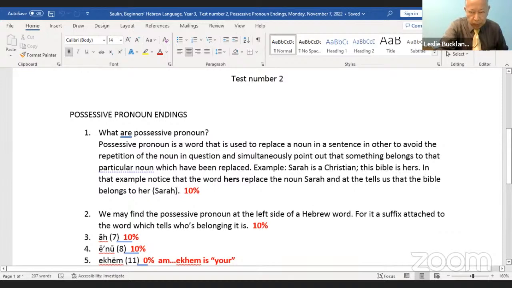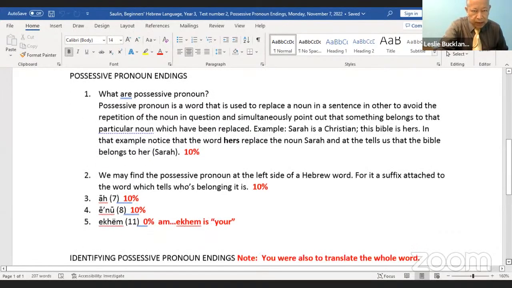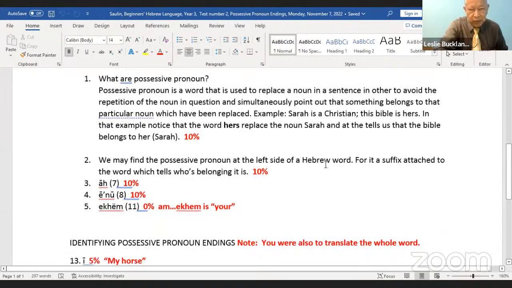Okay, number 2. We may find the possessive pronoun at the left side of a Hebrew word, which is the same as saying at the end of the word. For it is a suffix, the technical term used in grammars, attached to the word, which tells whose belonging it is.